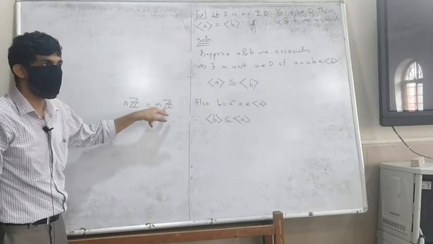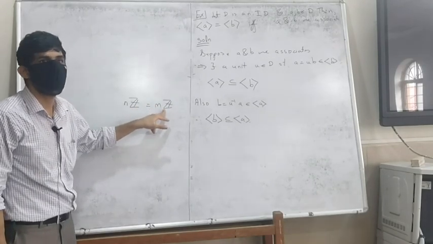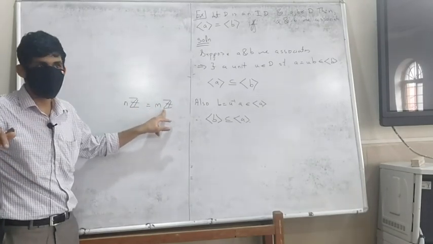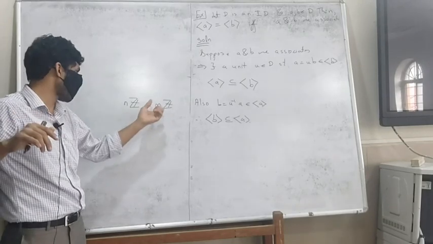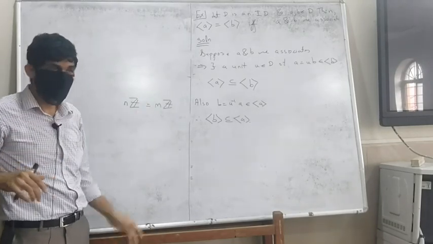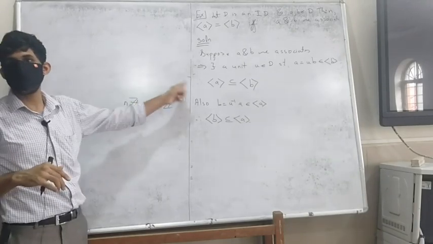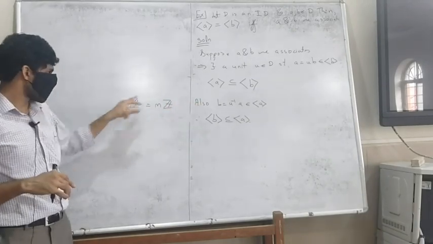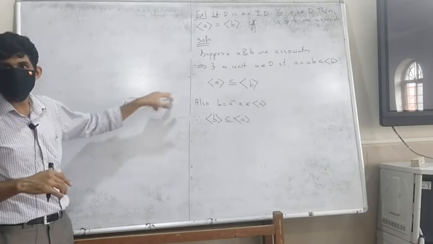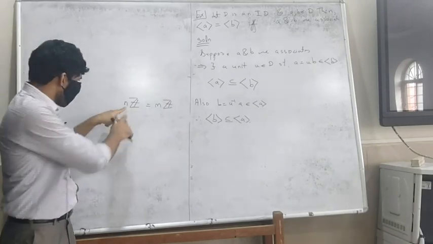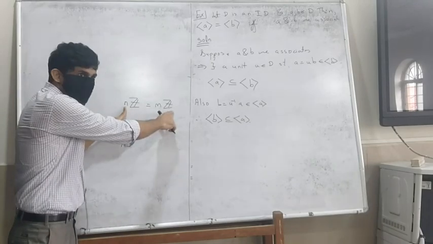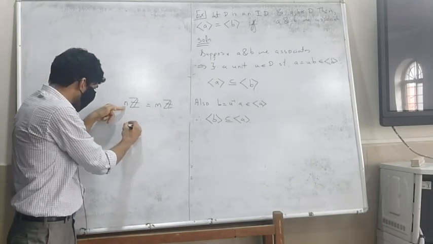What are elements from here? They have the form m times k such that k is in Z, and elements here are n times k, so these are just multiples of n, these are the multiples of m. So this is equal, n is anyway going to be in this, m is going to be in that. So since n is here, n should be here, that will mean that m divides n.